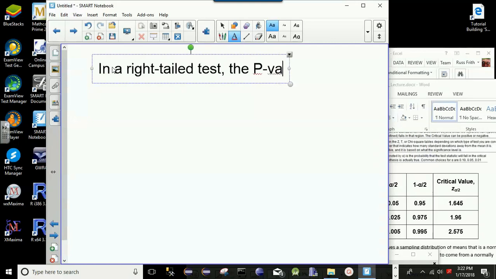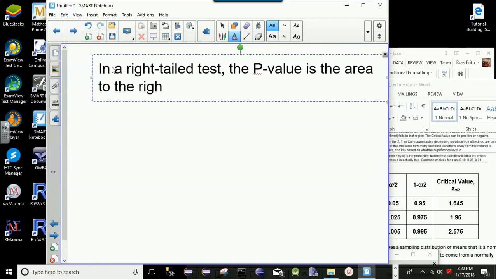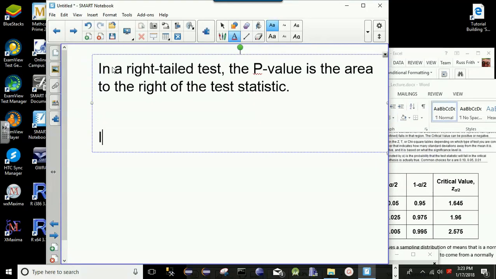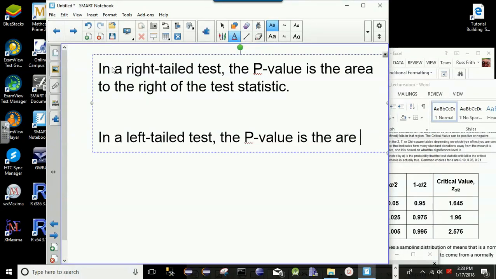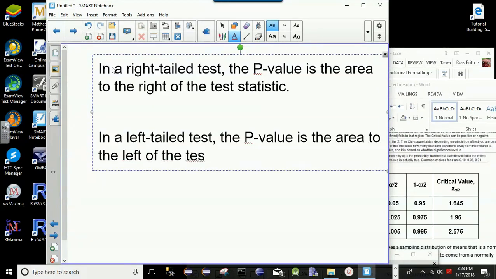In a right-tailed test, the p-value is the area to the right of the test statistic. In a left-tailed test, which we'll see in just a moment, the p-value is the area to the left of the test statistic.